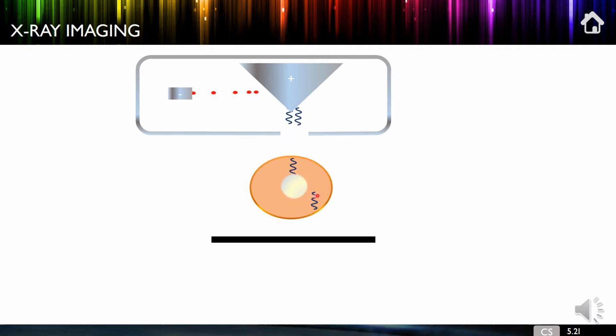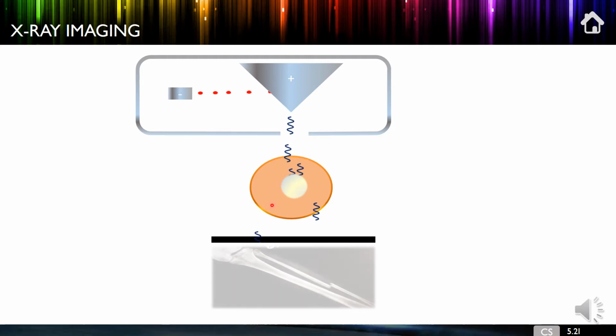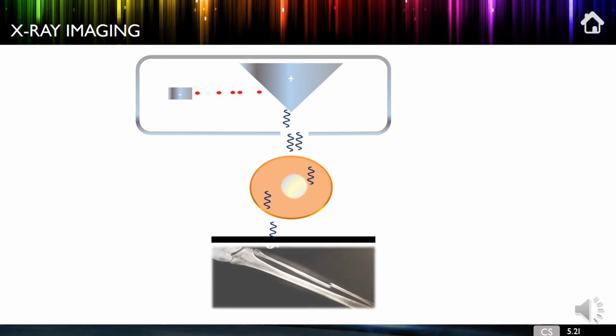Think this is a leg. The bone is dense, so it will absorb. You can see they're being absorbed here, but where it misses the bone, it will largely pass through, and that creates the shadow picture which we know of as an X-ray. It produces a very high resolution picture, although it does have some dangers associated with it.